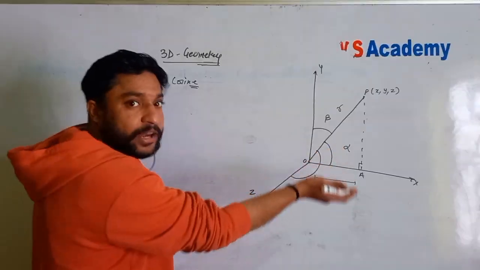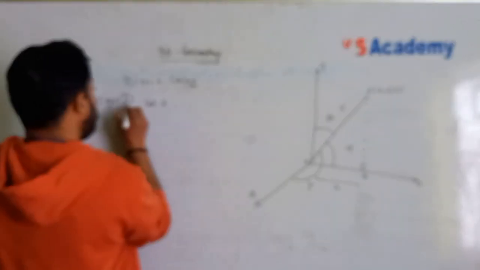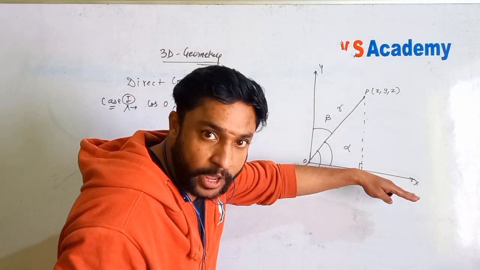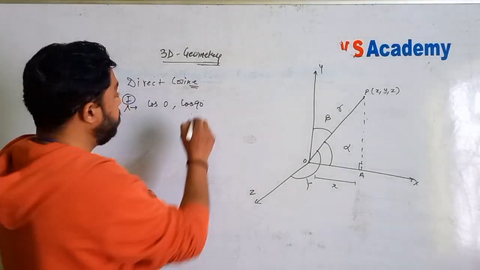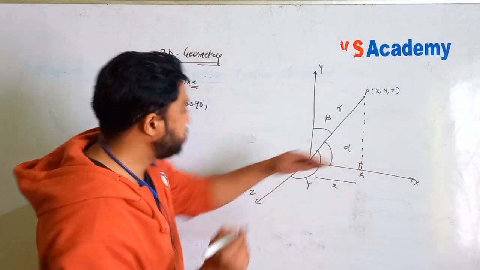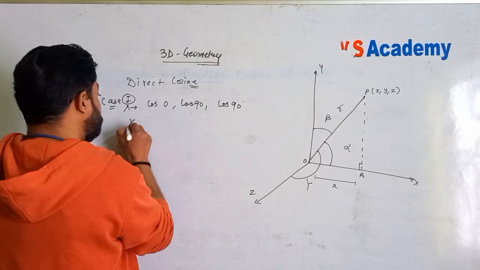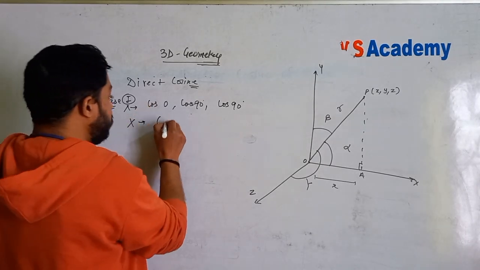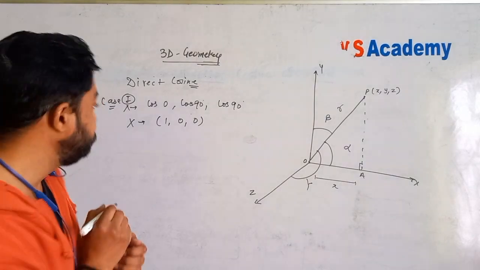The x-axis is parallel to the x-axis, right? So the angle will be 0 degree, so I can say cos 0, and the y-axis is perpendicular to the x-axis, it means I can say cos 90 degree, okay, beta is 90 degree, right? And the z-axis is also perpendicular to the x-axis, so cos 90 degree also, right? So cos 0 is 1, cos 90 is 0, and cos 90 also 0, right?